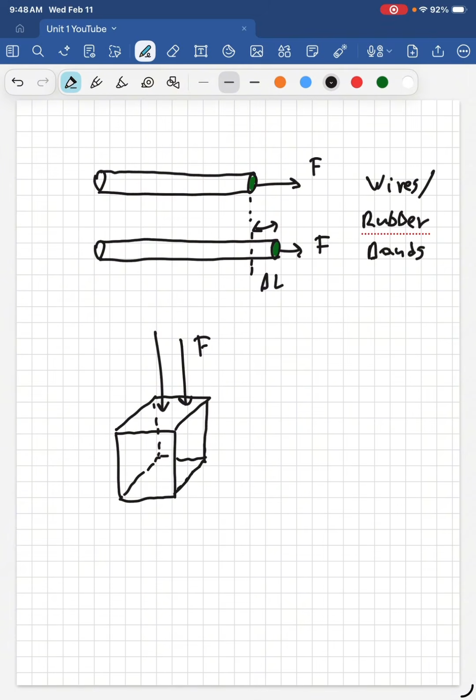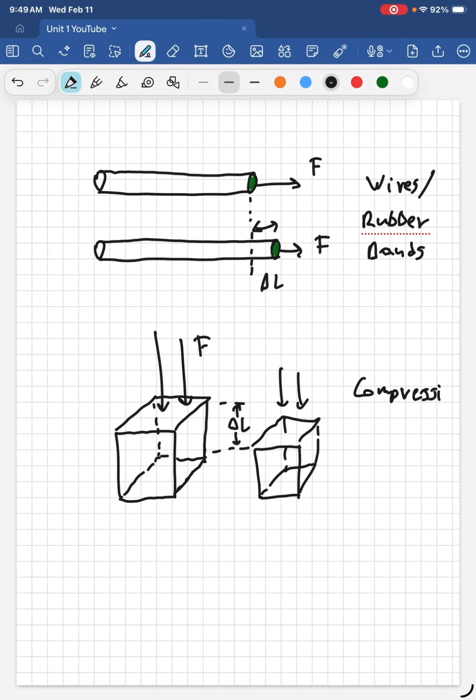So if you compress it, I'm exaggerating the effect here, you will have a compression of the concrete block. So you will have a compression delta L. Compression, and I'm going to write it in parentheses. This is a concrete block.